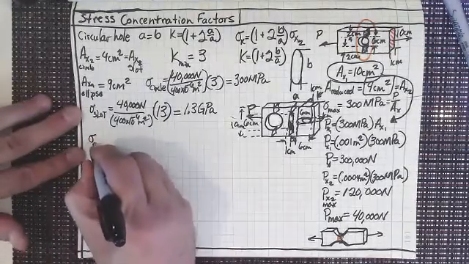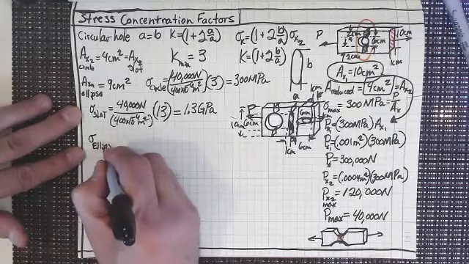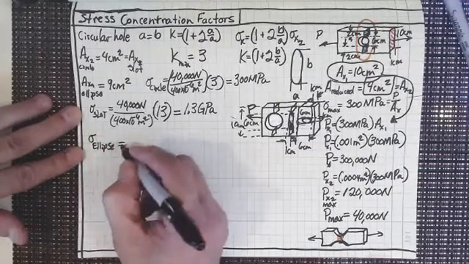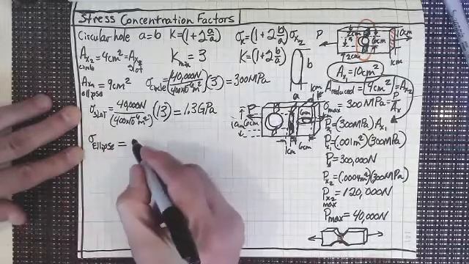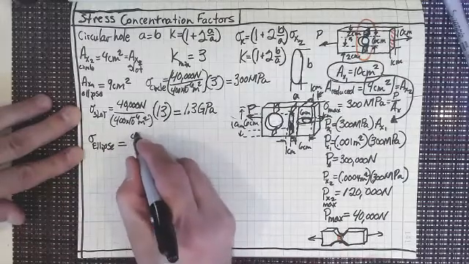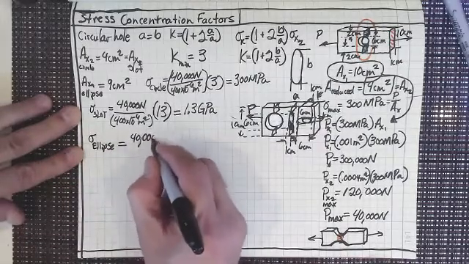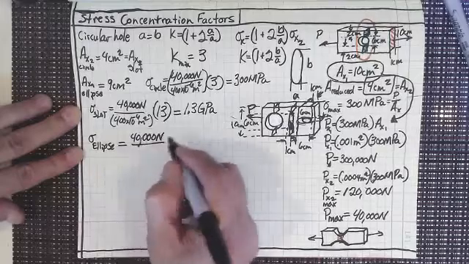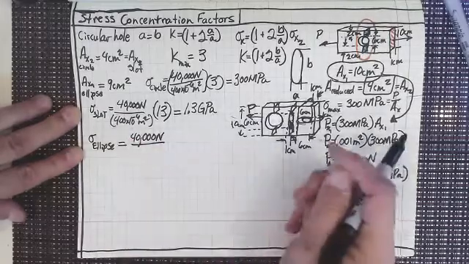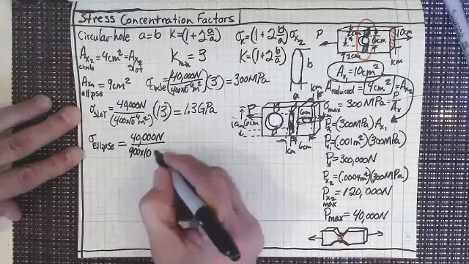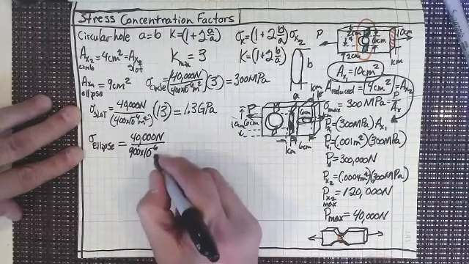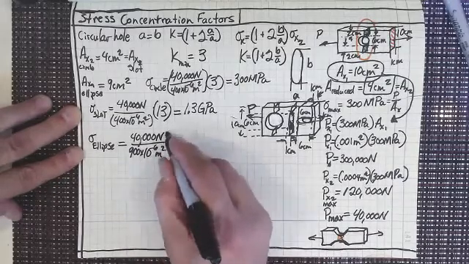So for the ellipse, notice I gave it a capital letter. All right. Now it's going to be 40,000 newtons again. That's a comma. But now it's not 400 anymore, is it? It's 900 times 10 to the minus 6 square meters, isn't it?